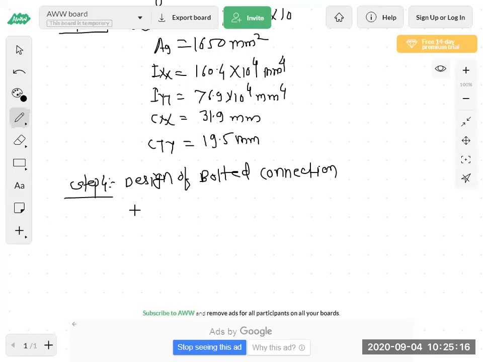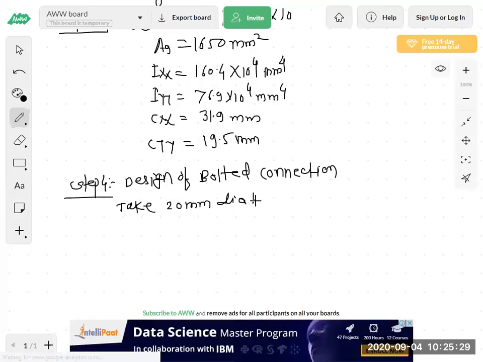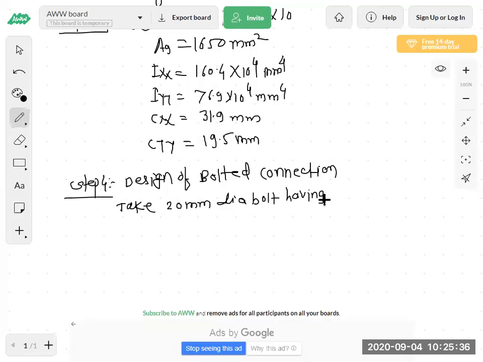They have not given the grade of bolt and also the size of bolt. So you have to write here: take 20 mm diameter bolt of 4.6 grade.